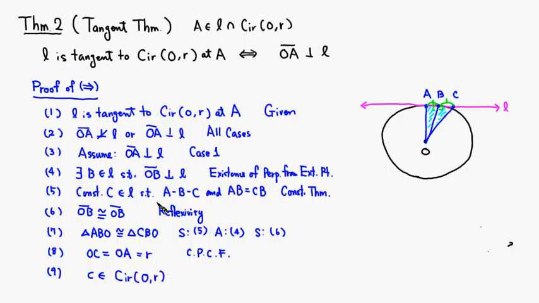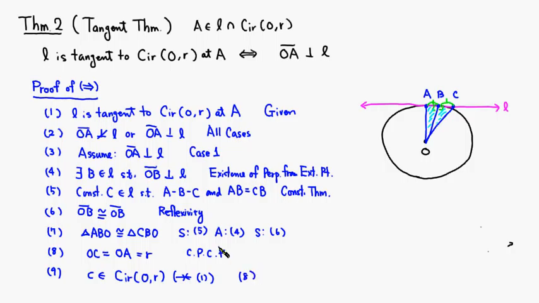This is going to be a contradiction because L is supposed to be a tangent line which touches the circle only at A, but we found C, which is on the line and on the circle at the same time, and which is different from A. So this is the contradiction, and it contradicts the fact that L is a tangent line. That comes from step 8.